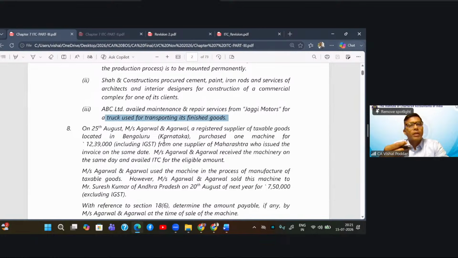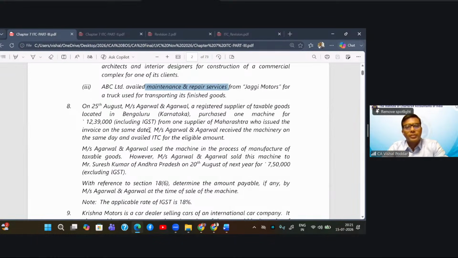If ITC on the truck is allowed, then the ITC of the services availed for that truck will also be allowed under section 17(5), clause (ab). So where ITC of the goods, that is the truck, is allowed, the ITC of its expenses will also be allowed. Correct, students? So the answer for the third is that even in the third case, the ITC is allowed.